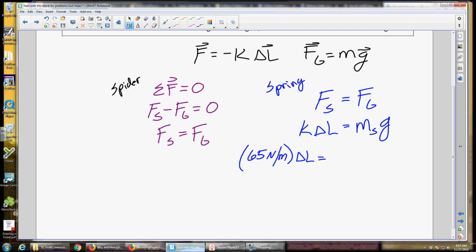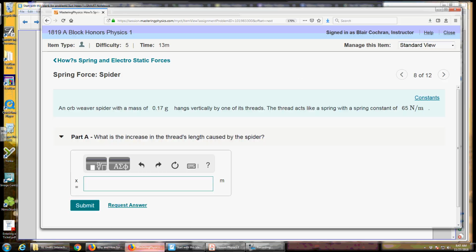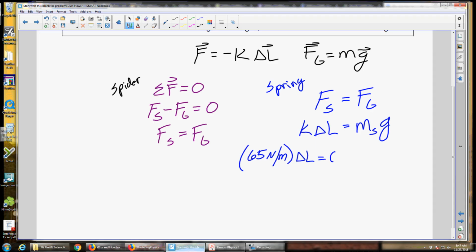The mass of my spider is 0.00017 kilograms. And I'm assuming this is not a space spider, so I'm going to assume it's on the Earth, so the gravitational field strength, and then I can just solve delta L.